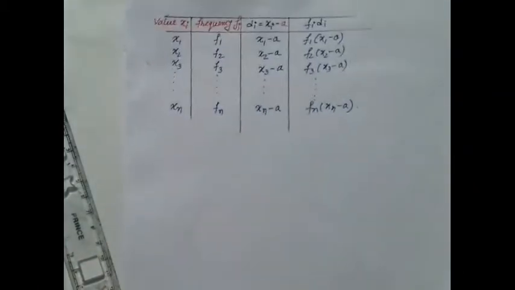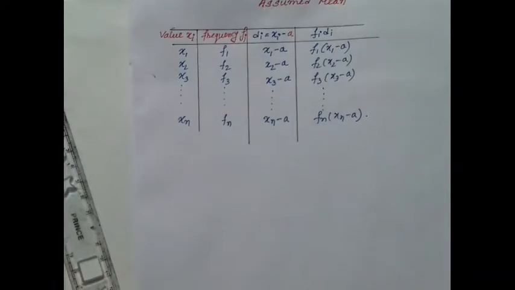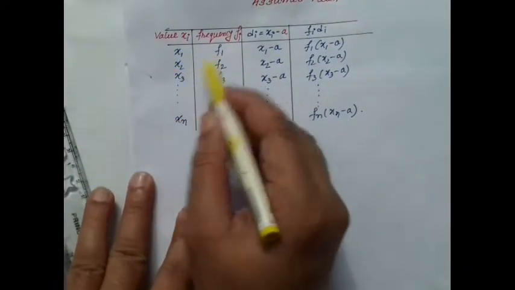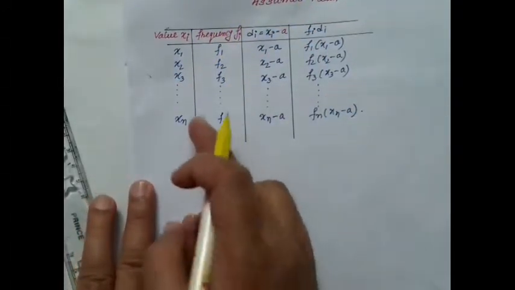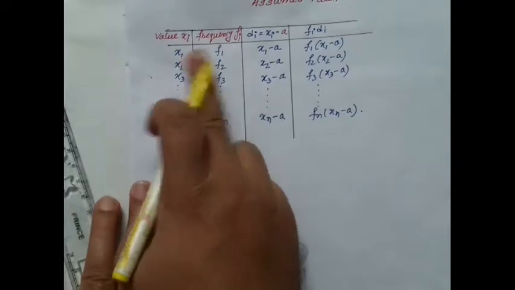Now we have to consider what the mean would be if we use the direct method. In the direct method we have to take fi xi.